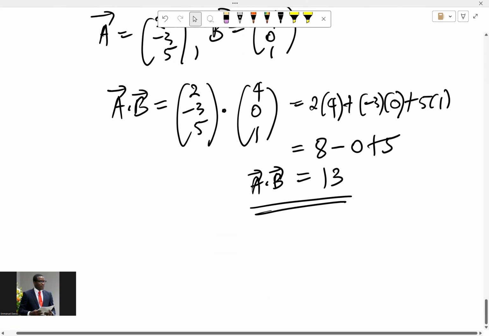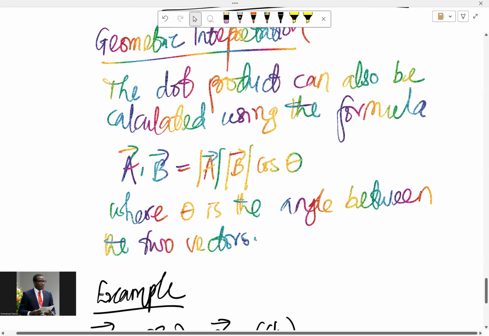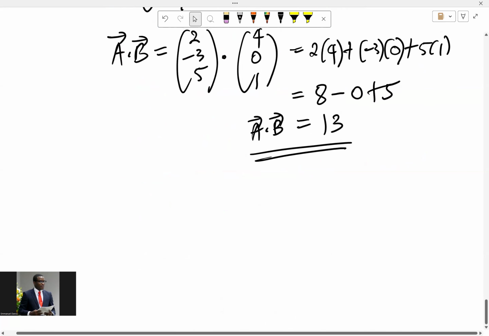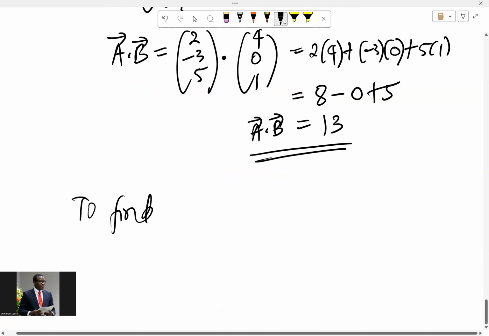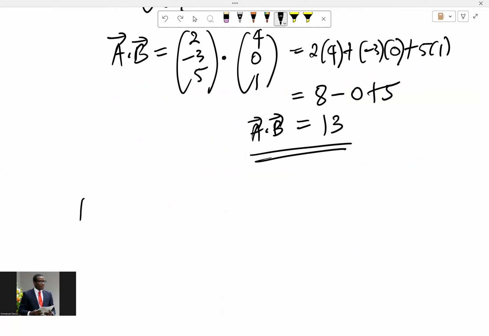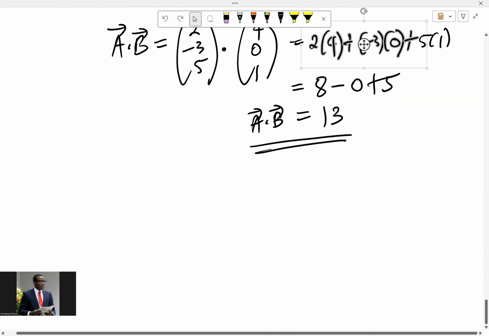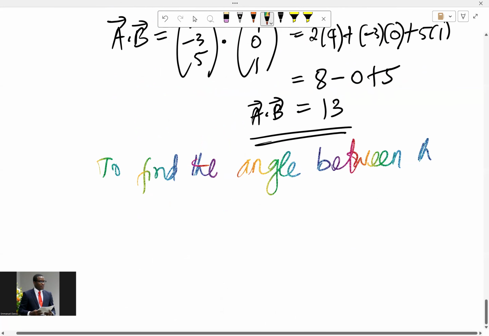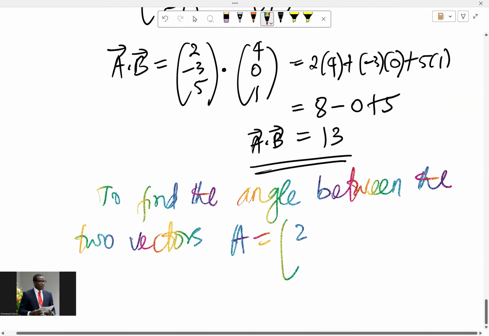All right. So now you may be required to find the angle between the two vectors. So to find the angle between the two vectors, say A, these same vectors we worked with, A, which is 2, minus 3, 5, and B, which is 4, 0, and 1.